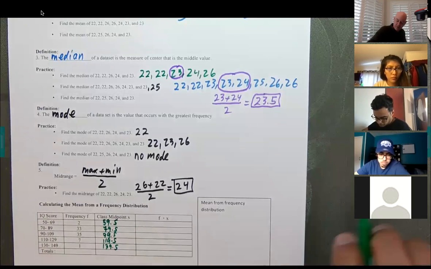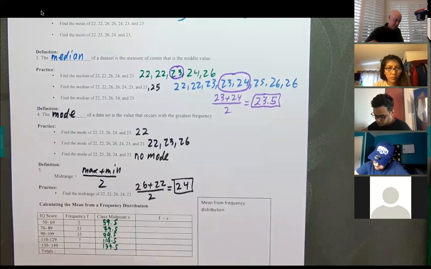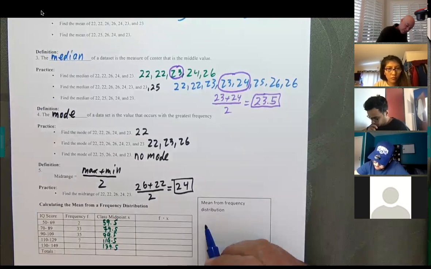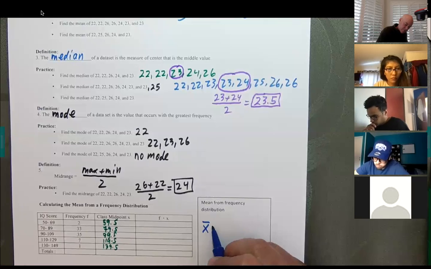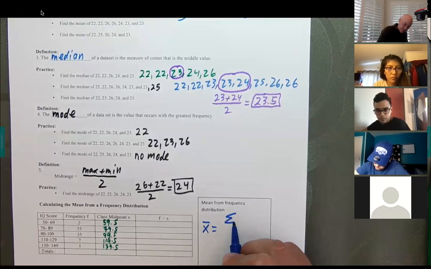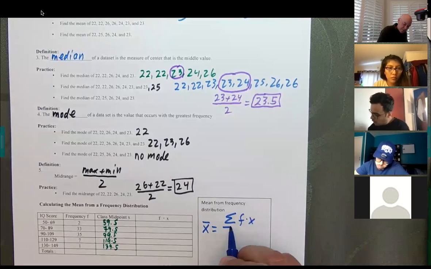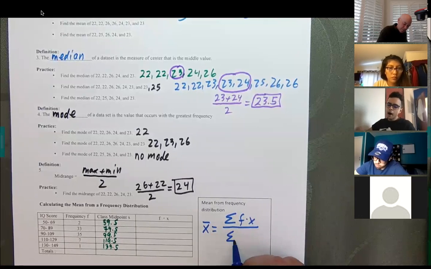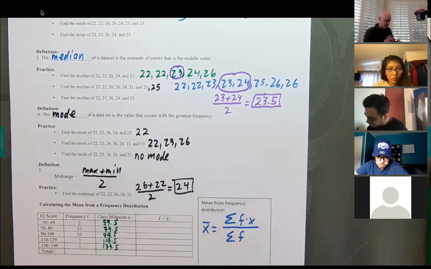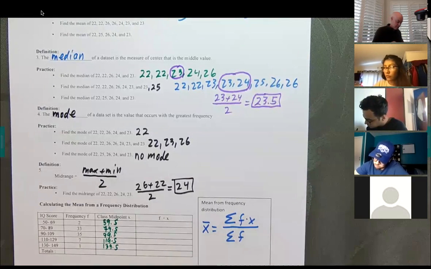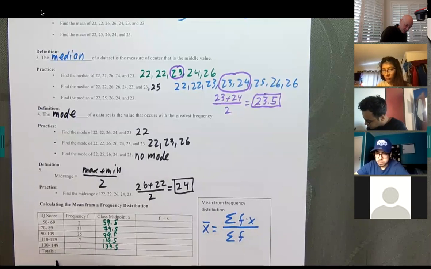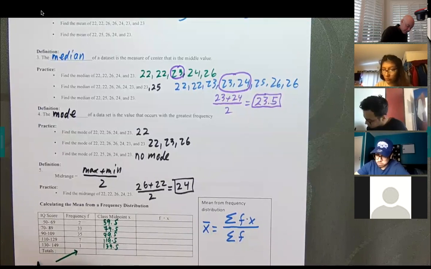And the way we find the mean, so here's my sigma notation again. What's going to go right here is adding up the frequencies. We did that earlier, that was 78.